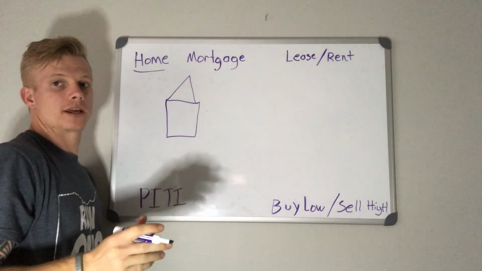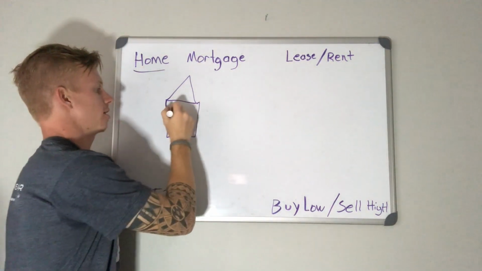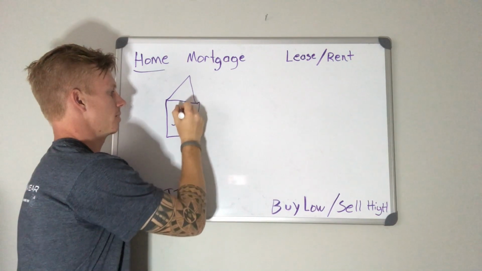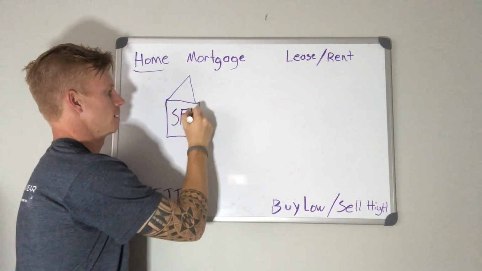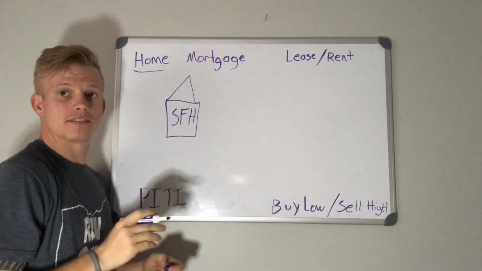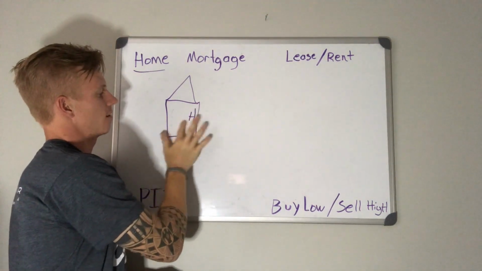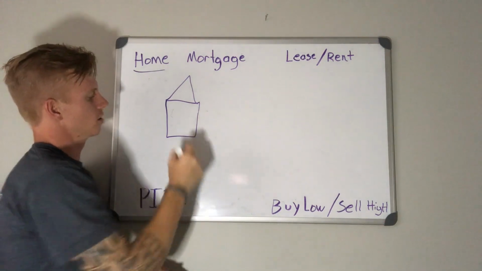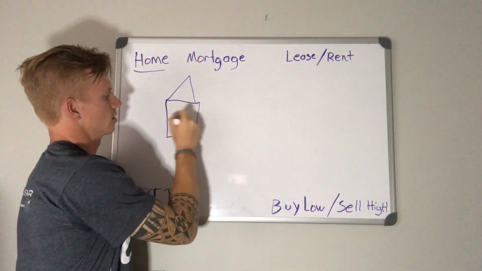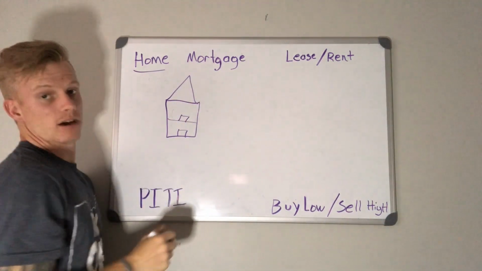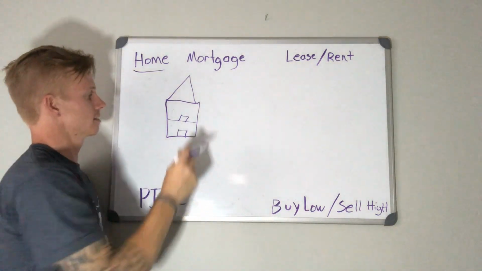When you're looking up marketing or ads or anything online, you're going to look up single family home, SFH. Now if this home has 2 doors, it is a duplex.